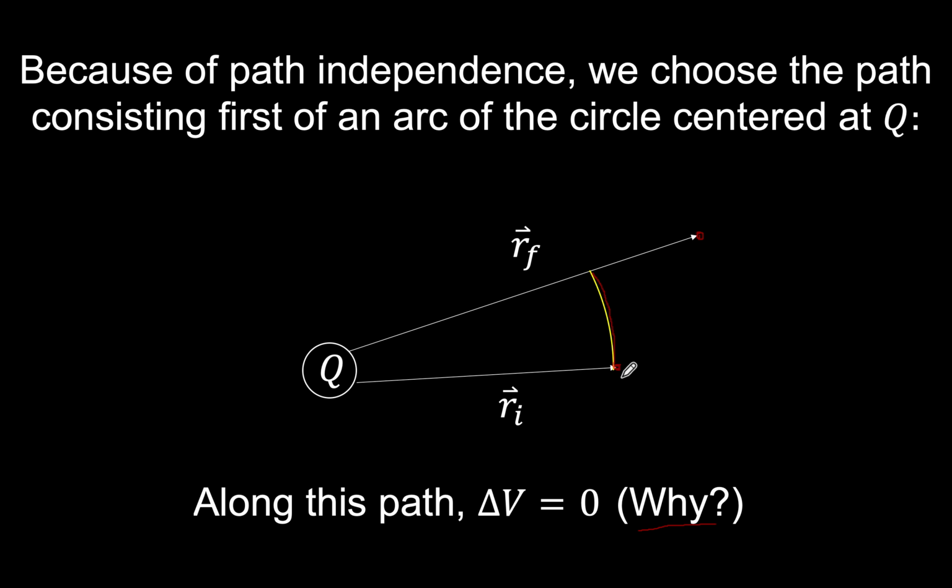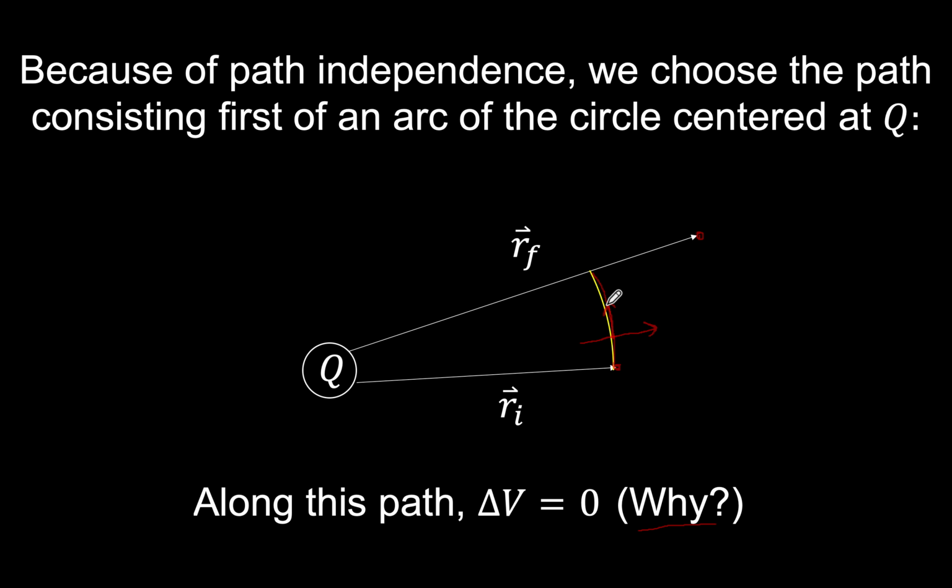You could also think about why this is zero along this path. As we integrate along this path, because that integral is a dot product, everywhere along this path, let's say we're here on the path, in this direction here, well, if this was a positive point charge, the electric field would be radially outward from that.